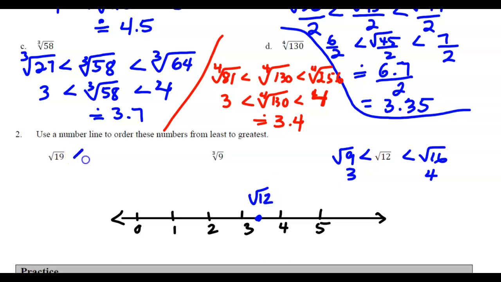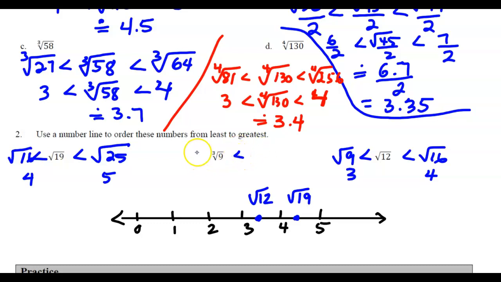Root 19. So I'm just starting with the square roots. That's between root 16 and root 25. So between 4 and 5. Okay, again, a little bit closer to 16, so I'd say it's probably about there. And then cubed root of 9, so it's cubed root.